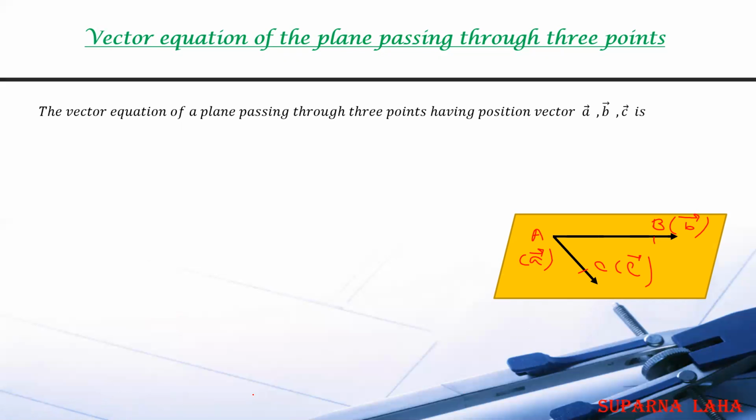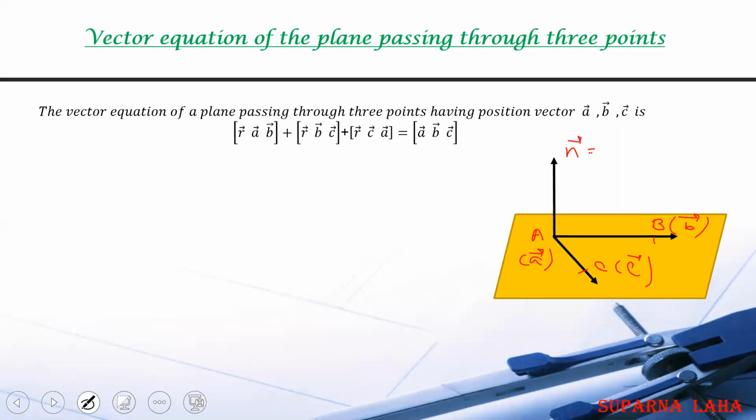Then the equation of the plane is represented by this equation. Now how? Let us check. This normal to the plane is represented by vector n is equal to vector AB cross vector AC.